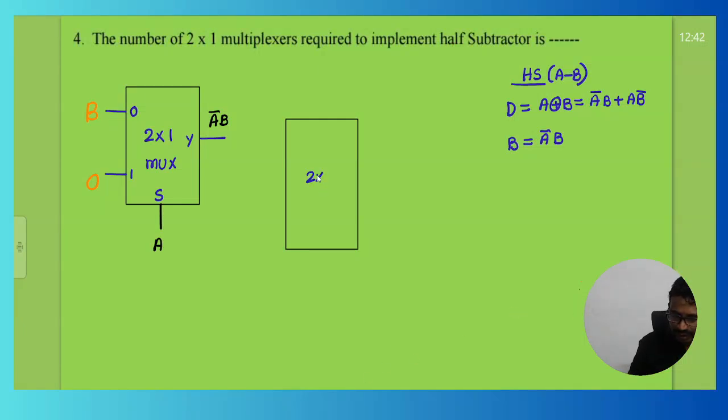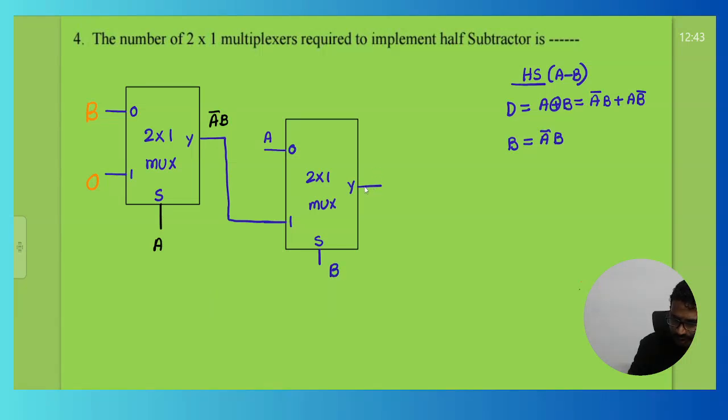This is also a 2x1 mux we have taken. And this is the selection line. And here also we have two inputs. This is one output. Now I am connecting here. Here I am giving this connection, and here I am giving this connection. If I give this as B.